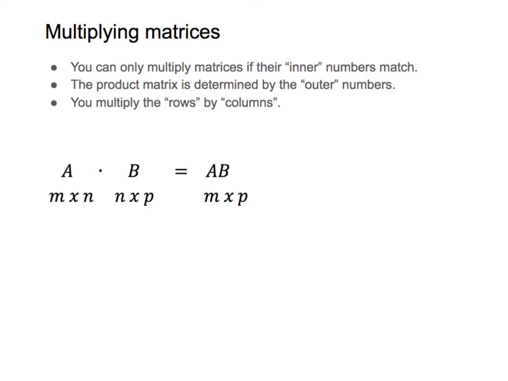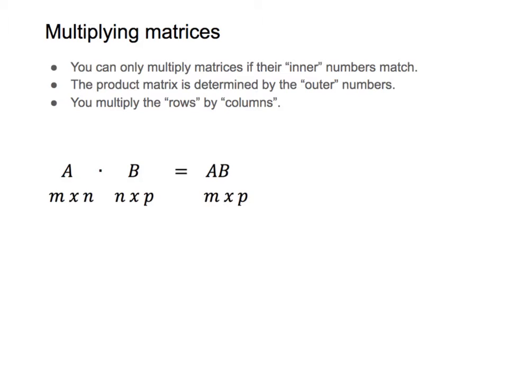All right. So in this one here, the slide goes over definitions on the rules for multiplying matrices. So just read along with me, basically. You can only multiply matrices if their inner numbers match. So using this as our example here, A and B are both matrices. Just imagine if they were these boxes with numbers inside.